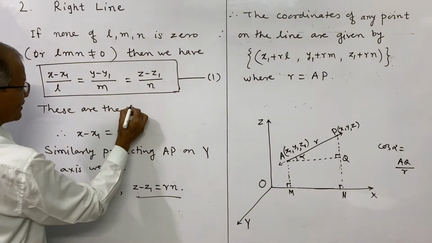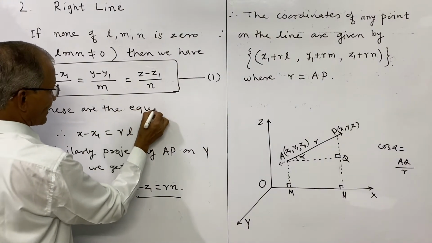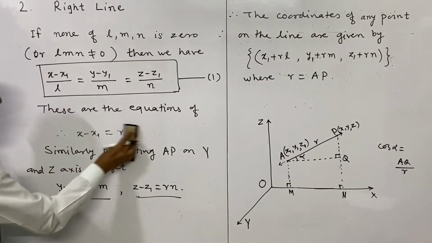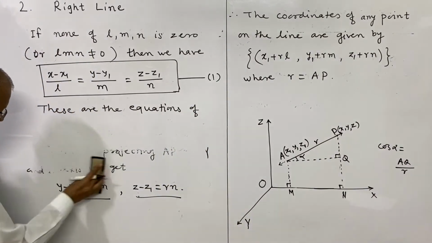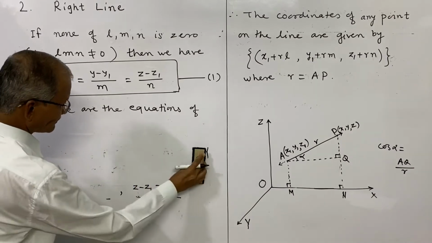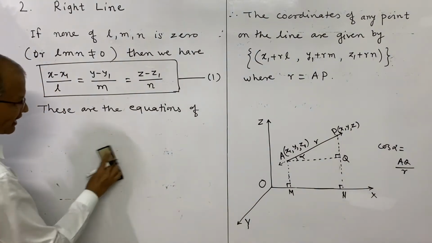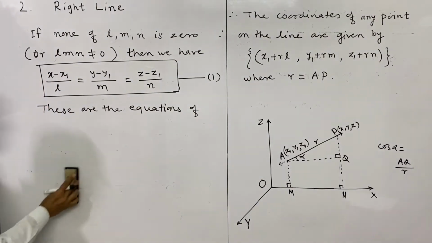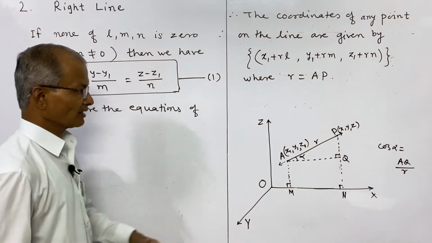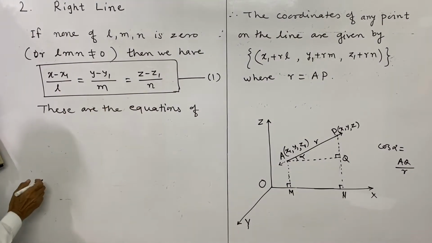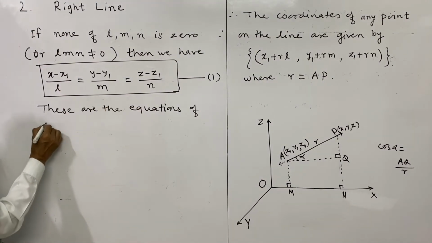These are the equations of the required line. So thus we have derived the equations of the line passing through the point A (x1, y1, z1) and having the direction ratios l, m, n. These are the equations of the required line.